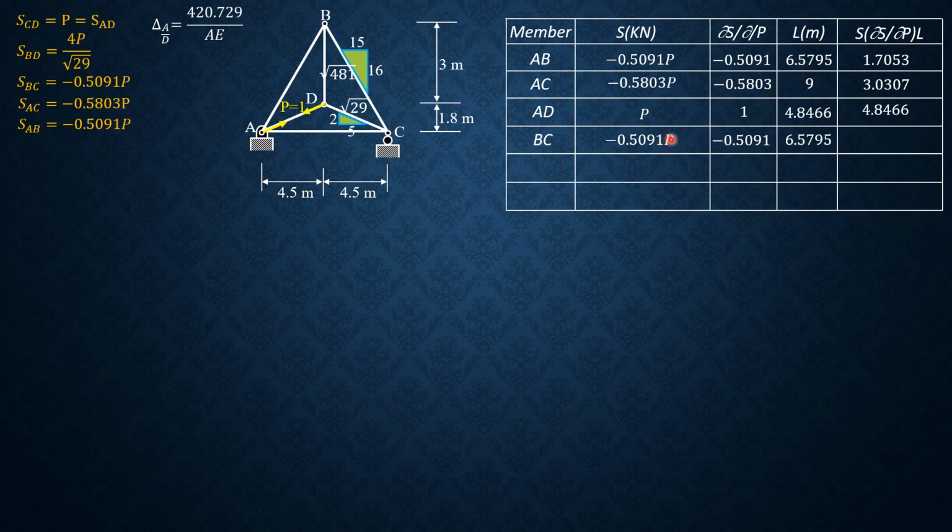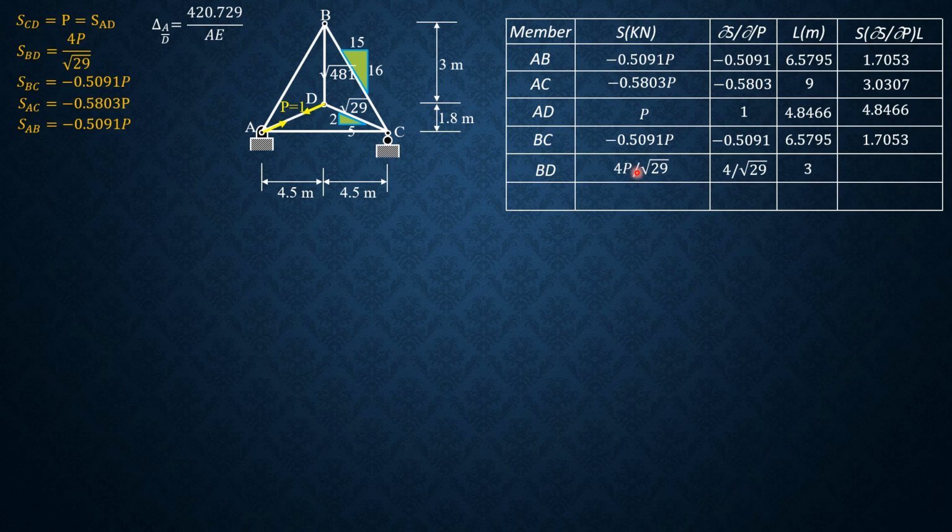The product after setting P to 1 is 1.7053. Then BD, 4P over square root of 29, derivative 4 over square root of 29. The length is 3 for BD.